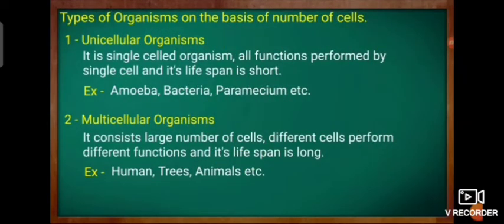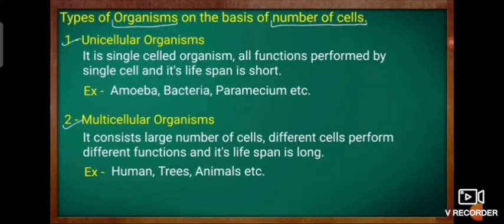Now, according to the number of cells present in the body, every organism in the environment is classified into two main types. One is unicellular organisms and the second is multicellular organisms. Uni means one and multi means more than one. Unicellular means the organism has only one cell in the body.